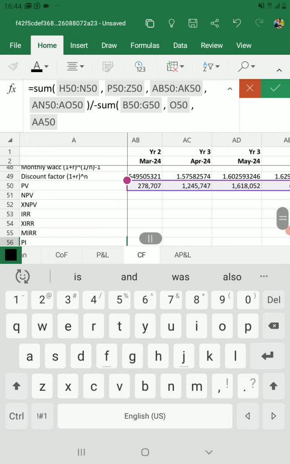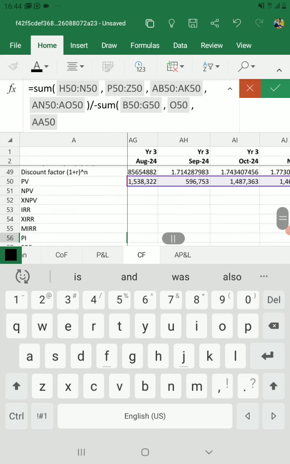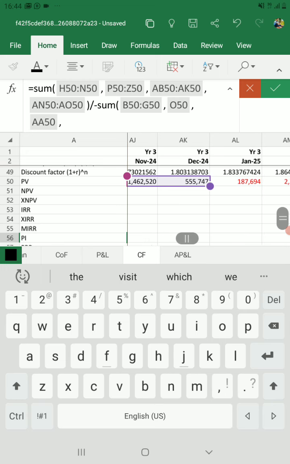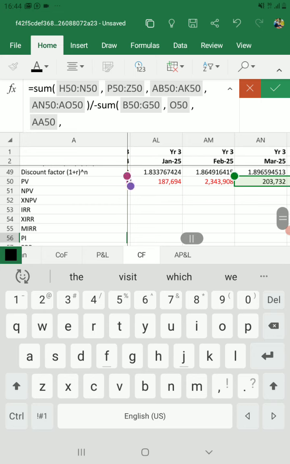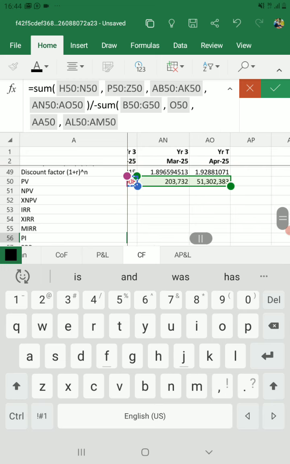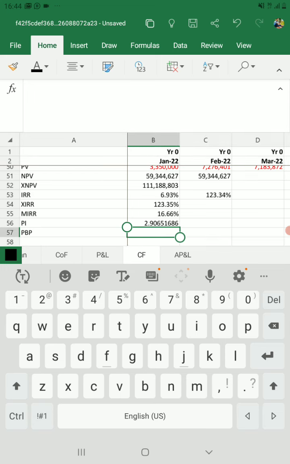Do we have other negative figures? Yes, so I put comma first and then pick these other negative figures, this one and this one. Okay, so I close the bracket, press enter. Okay, so that is our profitability index.